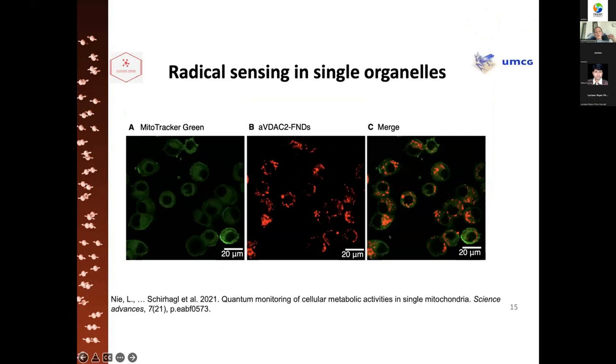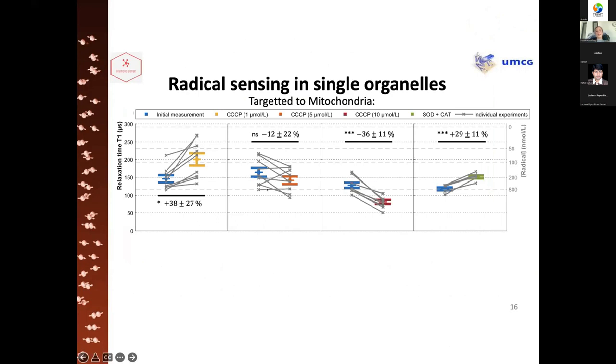We can also do the same thing in a cellular context. So this is the mitochondria and the diamond particles when they are still in the living cell. And in that case, we see more or less the same response to these chemicals.